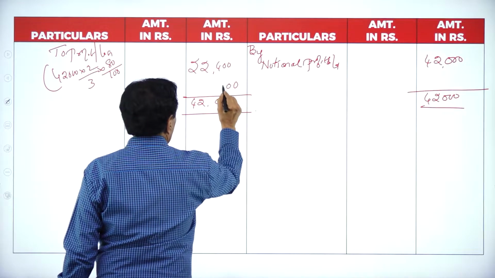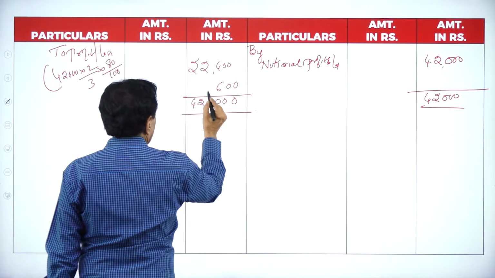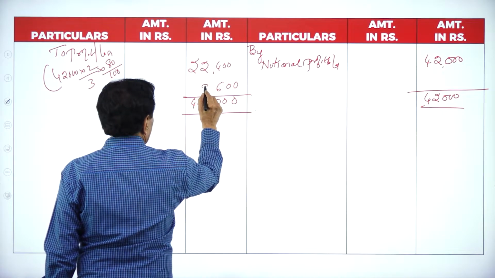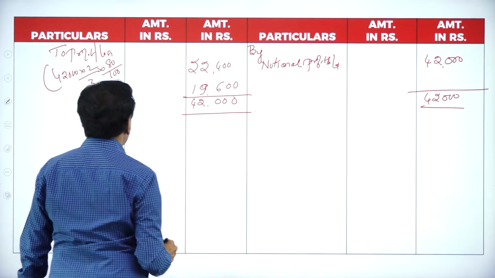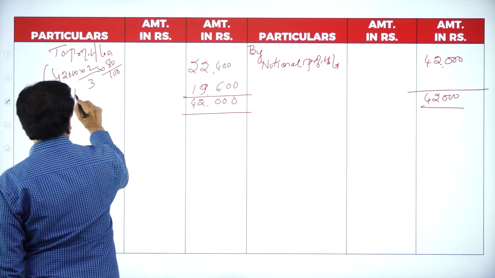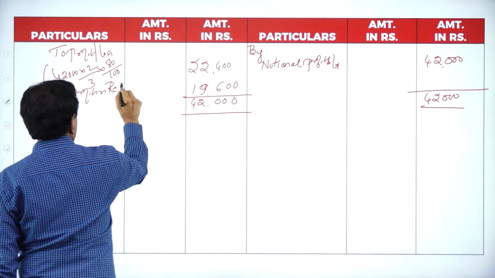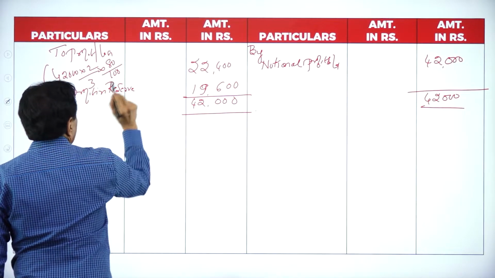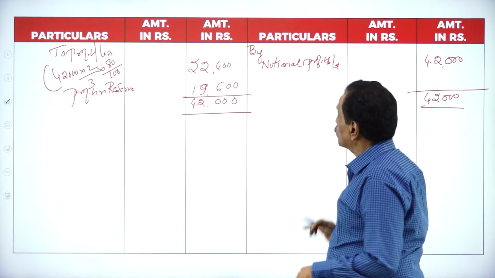0, 0, 4 plus 6 is 10, 1 plus 2 is 3, plus 9, 12, 1. 19,600 profit in reserve. So, what is the total profit? 42,000.